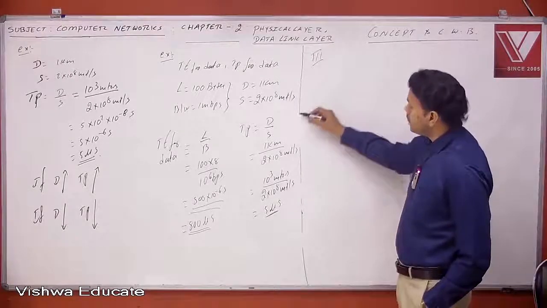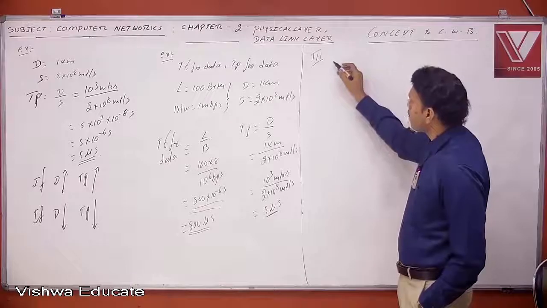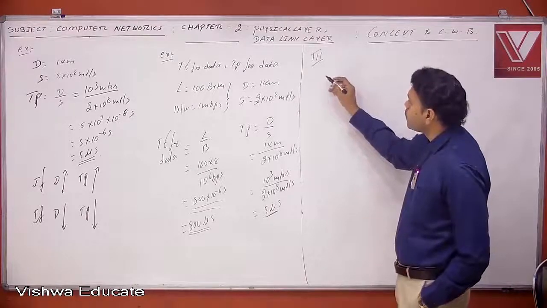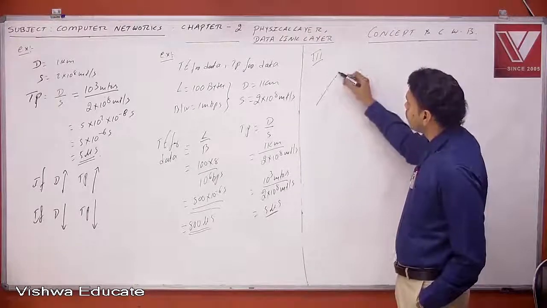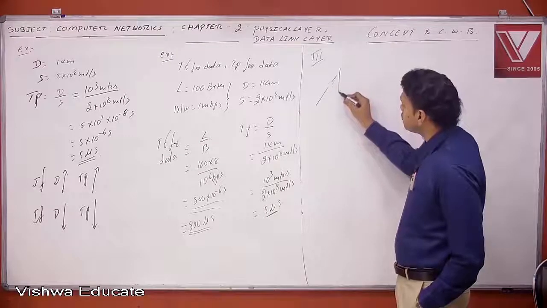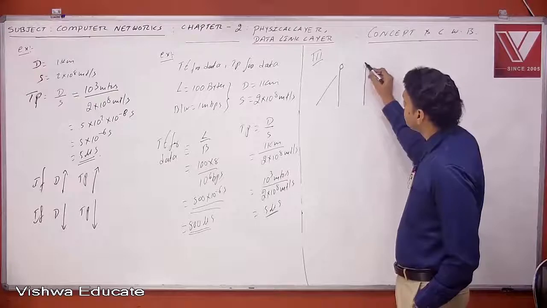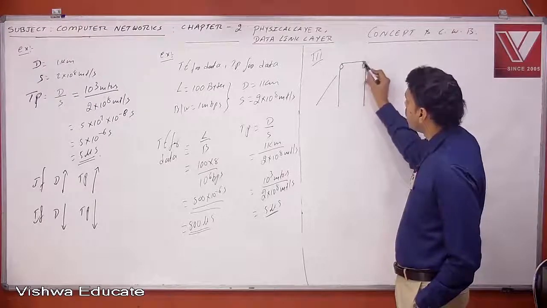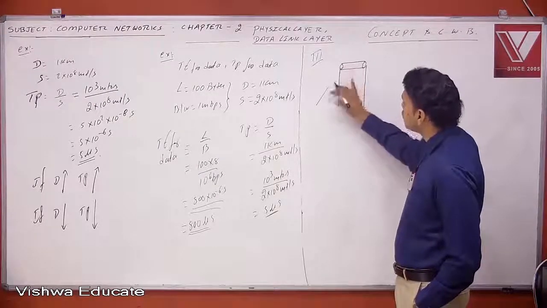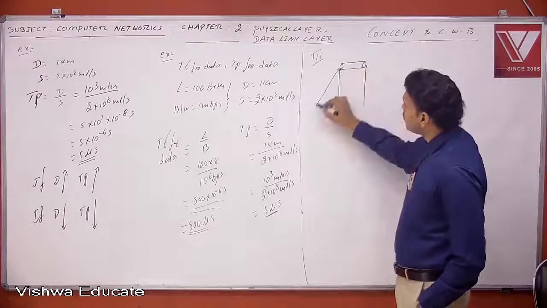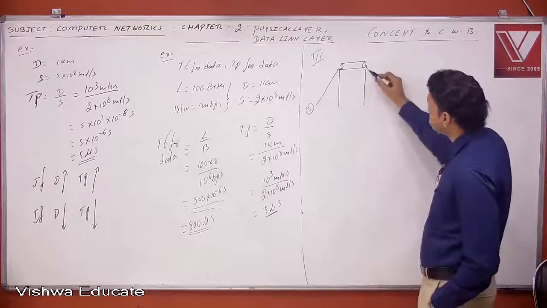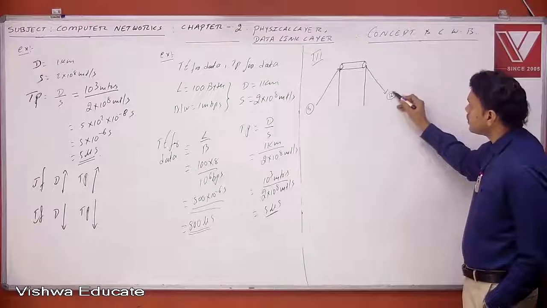Now the third delay. Once look at the diagram. Here is the medium, one end to the other end. Here is the sender. Here is the receiver.